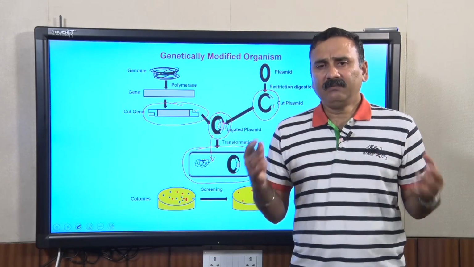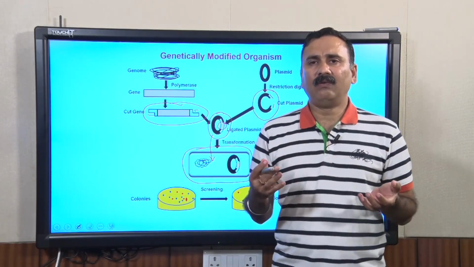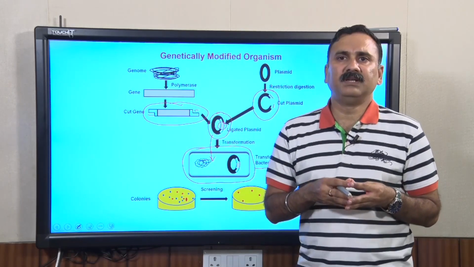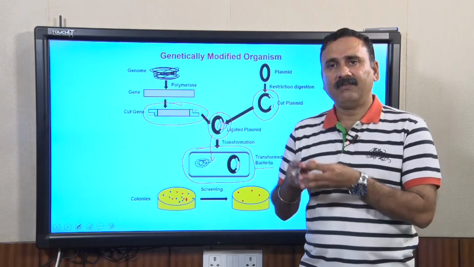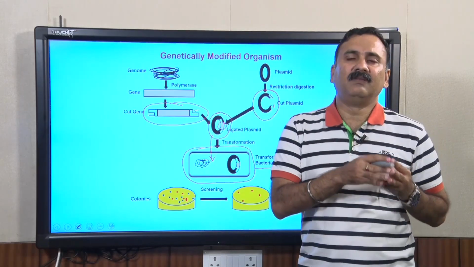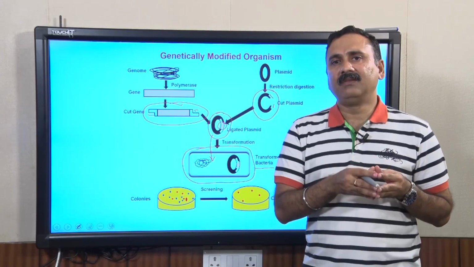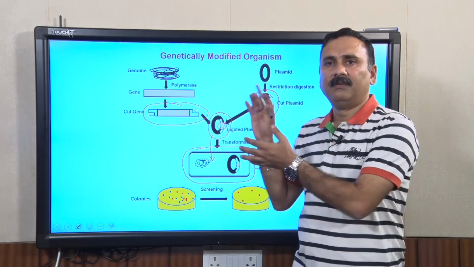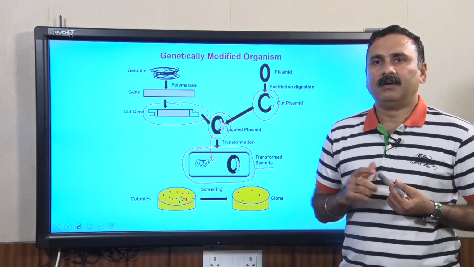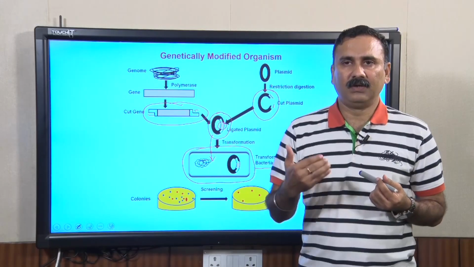When we talk about the entry of a foreign DNA into the host, what we have to consider before designing a delivery method is the surface chemistry of the host, as well as the kind of recombinant DNA you are trying to deliver into the host cells.